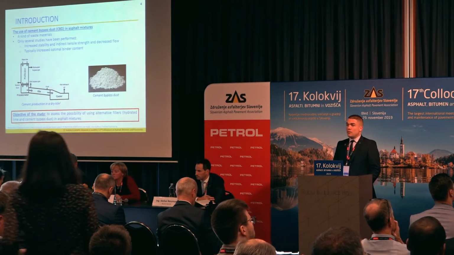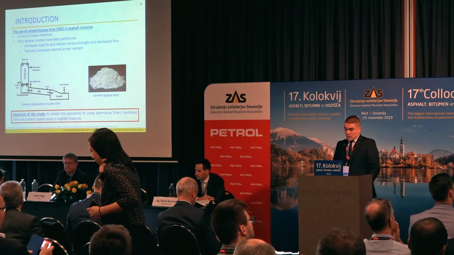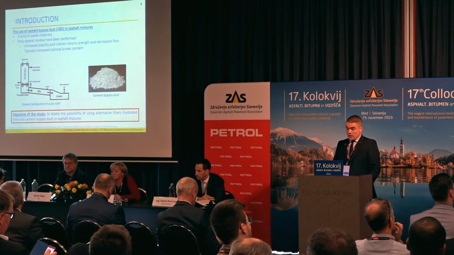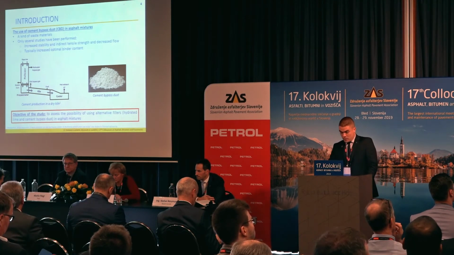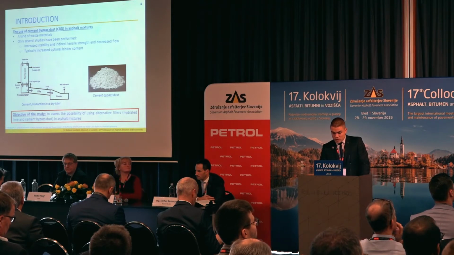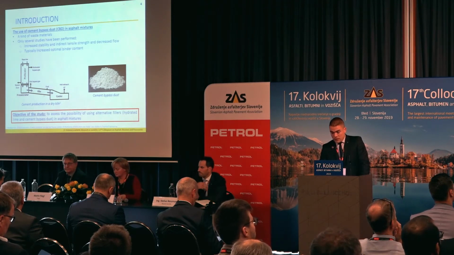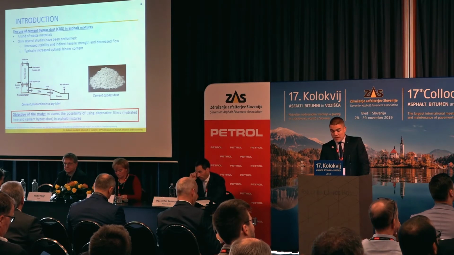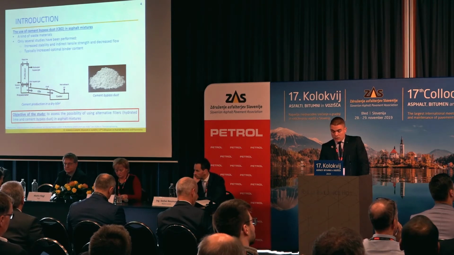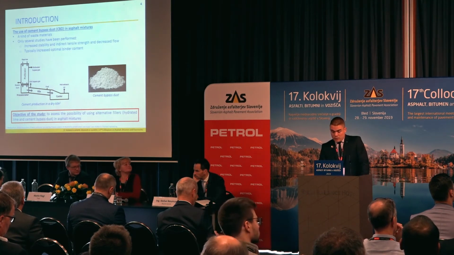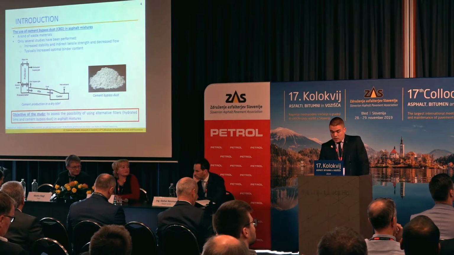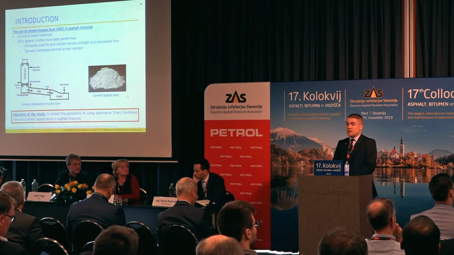That's a kind of waste material that is produced during cement production in a dry kiln. So during production of clinker in a rotary kiln, huge amounts of hot gases are created that contain huge amounts of sulfur and chlorine, and they are removed from the system through a bypass, and in that way these gases are mixed with dust, obtaining cement bypass dust.